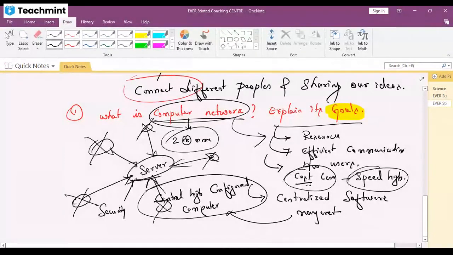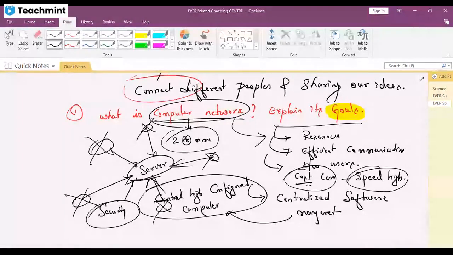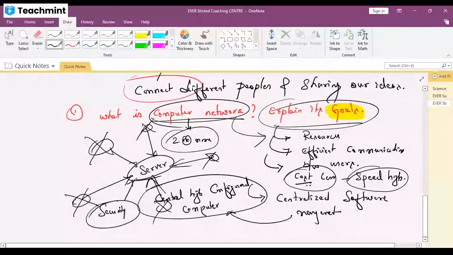From this main system, this central high configured system, we can easily analyze who, where, what they are doing. And it also helps us maintain security. No unauthorized person can leak our data. It will give us a firewall, username, password, all these things, so that we can keep our data secured. So these are the objectives or advantages, the goals of a computer network.